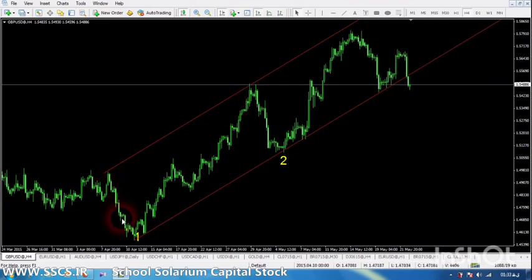I have drawn it here where my decline has started. This is my main decline here that has been started from there. And I have connected it to the highest swing high that I've had in the middle.